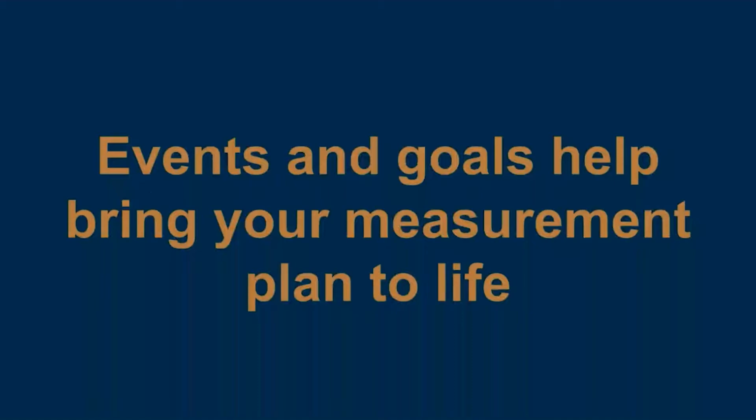So let's dive in. Events and goals. One of the key benefits to setting up events and goals, honestly, is saving you time. How is that going to save you time? You open up your analytics dashboard, and you might just see a lot of data, a lot of numbers that are very generic. Google does a great job of having generic reports ready to push out to you once you've got your property set up and you're tracking things. But how can you make that better?